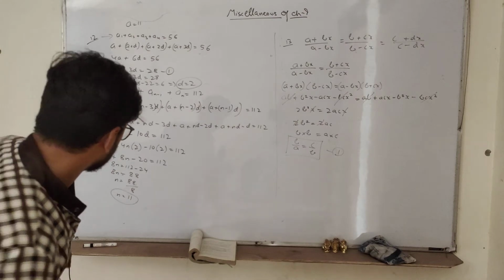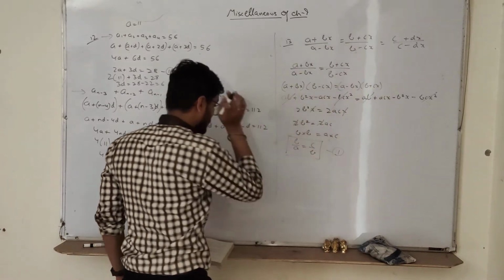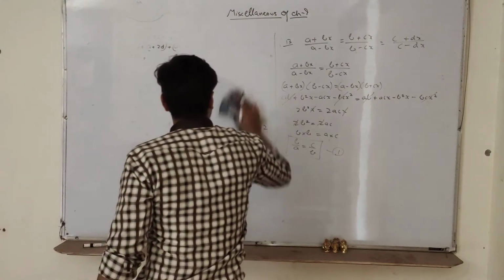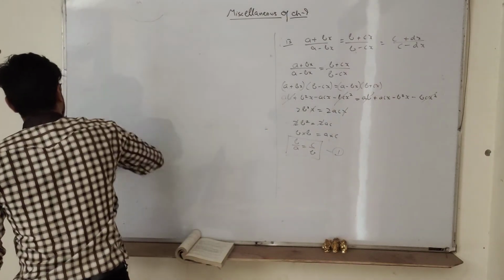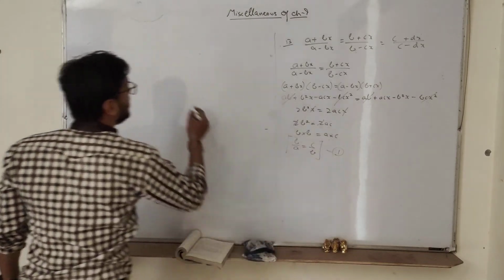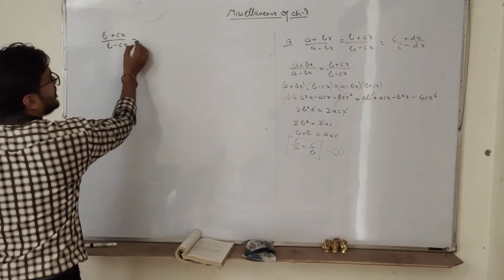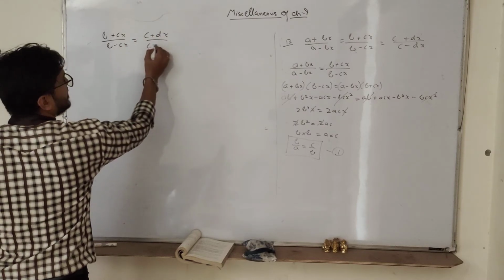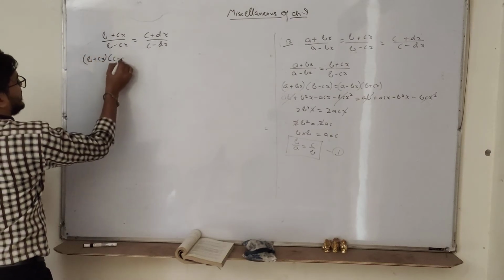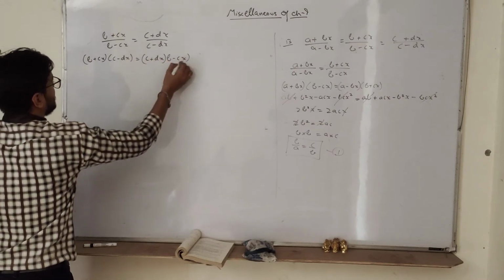Next we have, let's take these two values together. So the condition will be b plus cx upon b minus cx is equal to c plus dx upon c minus dx. Cross multiply, so b plus cx times c minus dx, c plus dx times b minus cx, right.